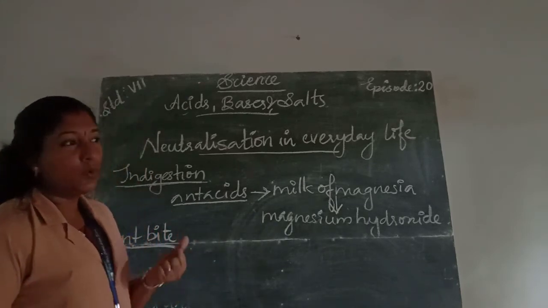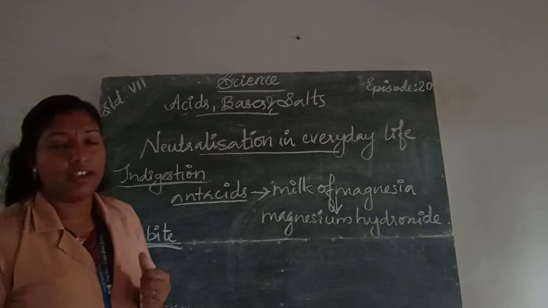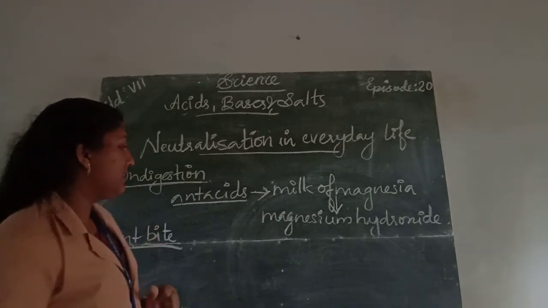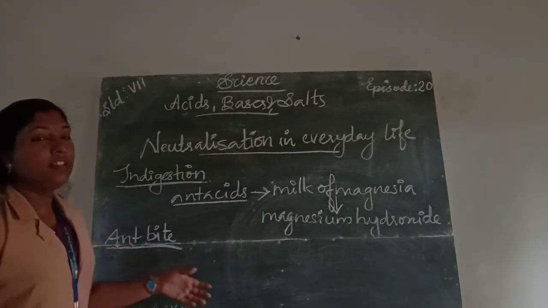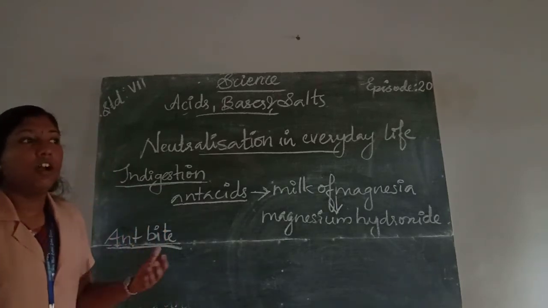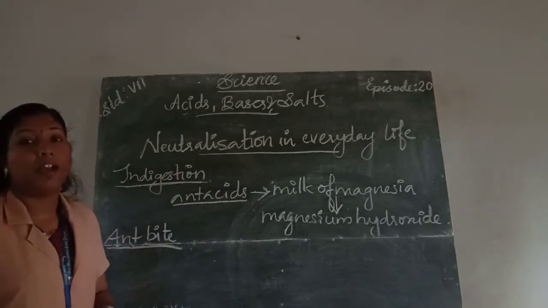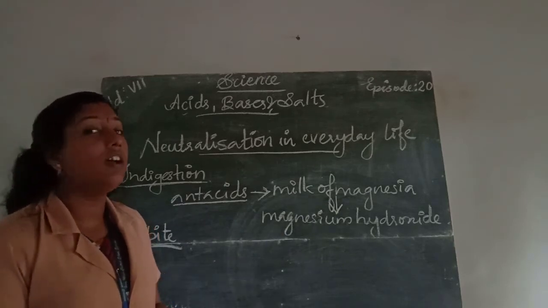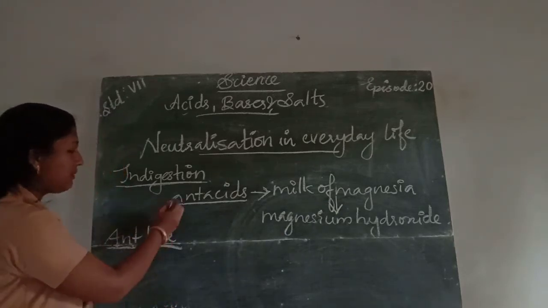Calamine solution contains zinc carbonate. So this zinc carbonate neutralizes the formic acid injected by the ant.